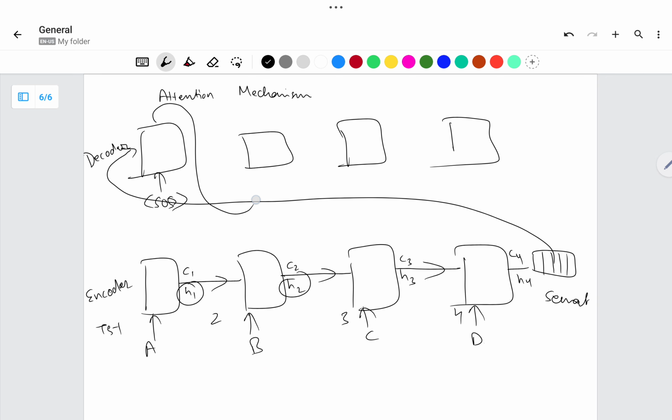It produces some output. It goes into the decoder block again. These are also updated hidden states of the decoder blocks. Let them be represented by S1, S2, S3. We are only talking about the hidden state. The cell state is also getting updated at every time step.